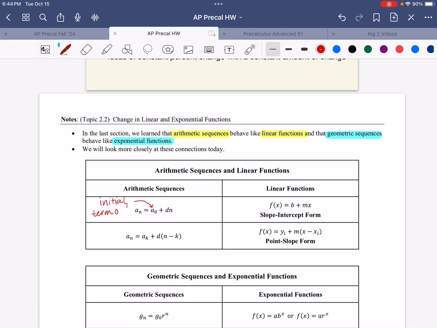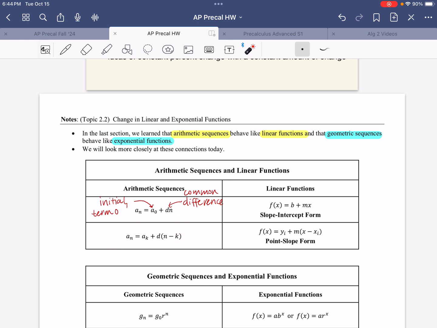And then we needed to know d, the common difference. And that would help us find the nth term, where we could plug any value in for n, and that would add that common difference n times to figure out that term of the pattern.